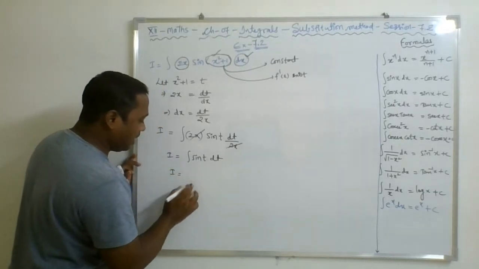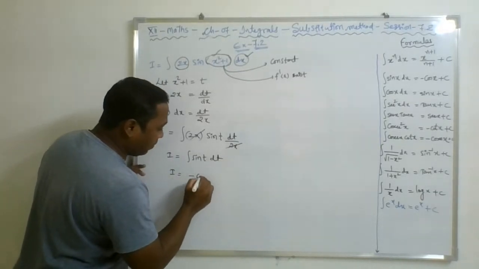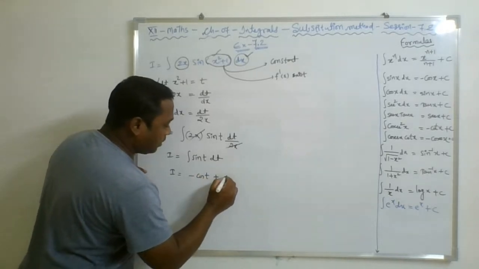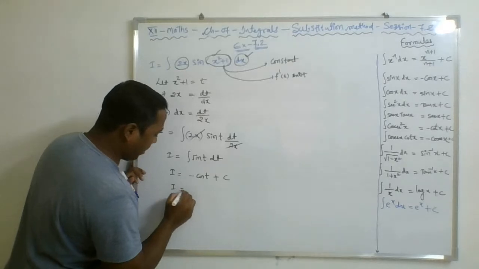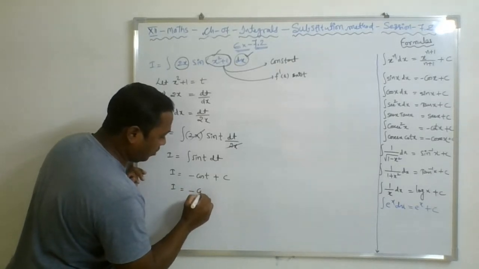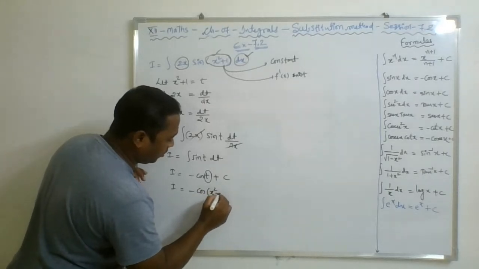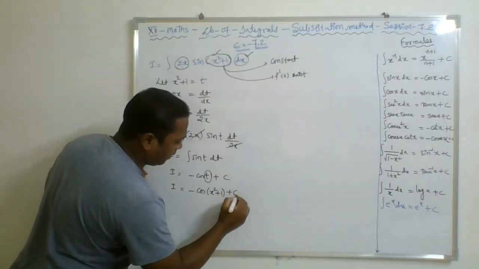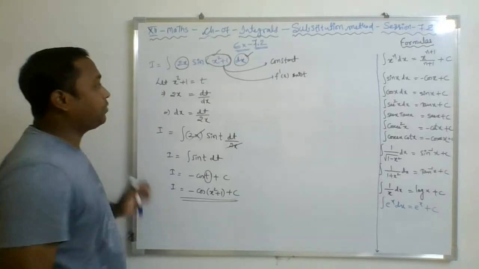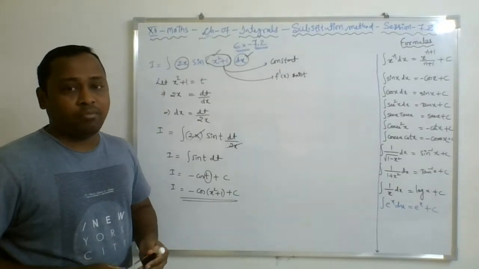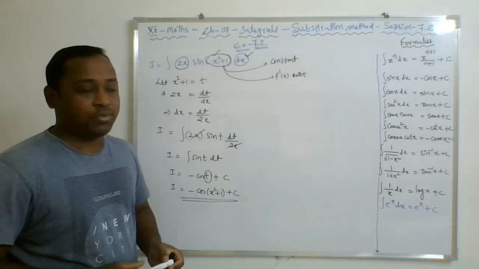The integration of sin t is minus cos t plus c. Then you need to change the value of t back to the original function, that is x square plus 1, in your final answer. It's so simple, and beautifully you can apply it and enjoy the sums, right?